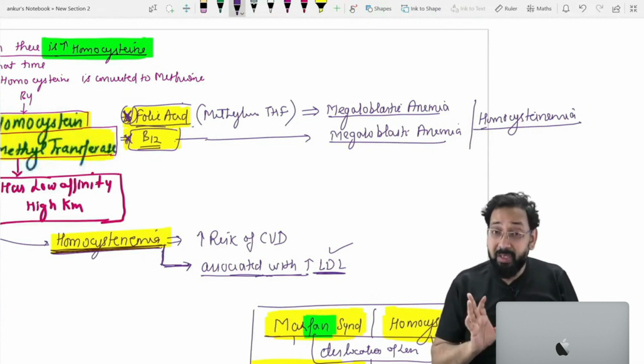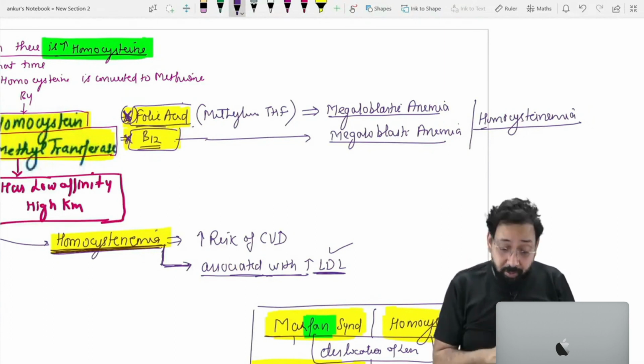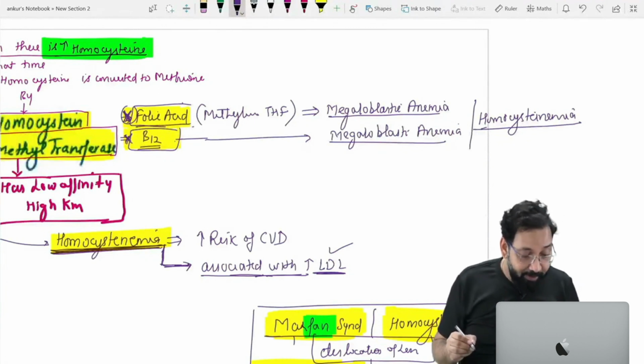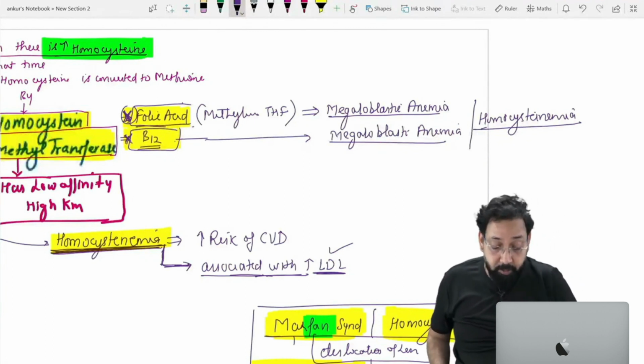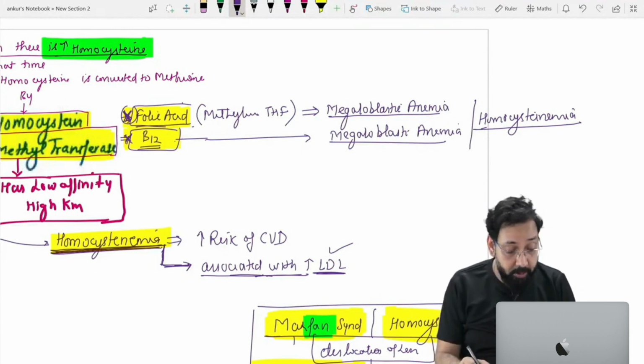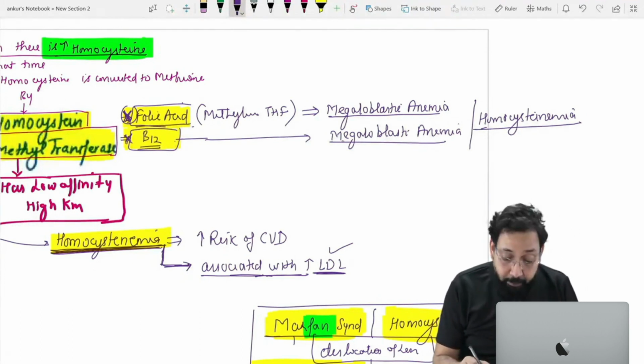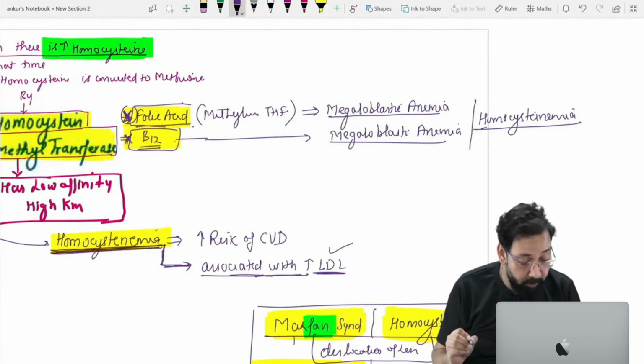Suppose in this patient there is megaloblastic anemia and homocysteinemia.